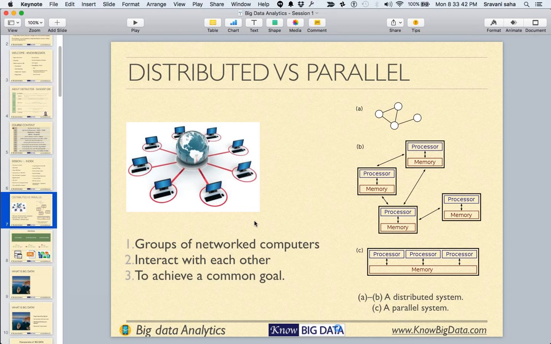So the philosophy of distributed and parallel intersect a lot. Most things which are distributed in nature can also work on multiprocessors. Therefore Spark, Hadoop, everybody tries to accommodate multiple processors as well as multiple machines. So that is a bit of definition.